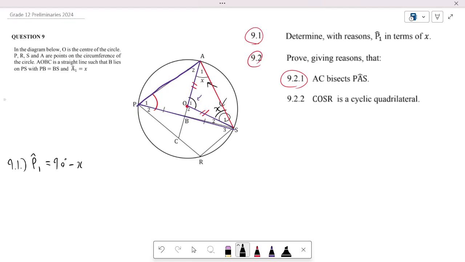We want to prove that angle A2 is equal to A1, because they're saying that we need to show that AC, which is this side over here, bisects angle PAS. So we need to just show that angle A1 is equal to angle A2, which is also equal to x. So we need to prove that this is going to be equal to x.